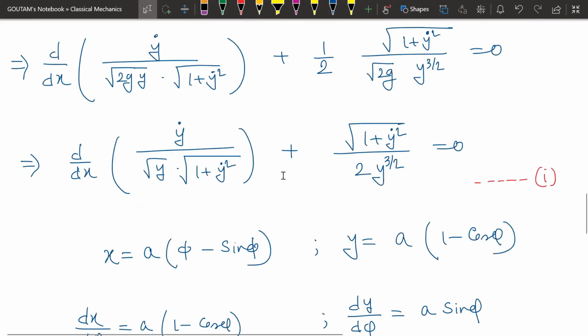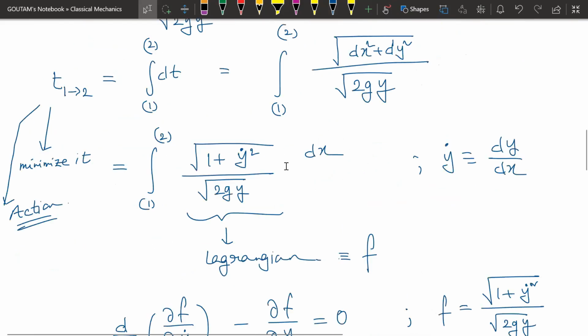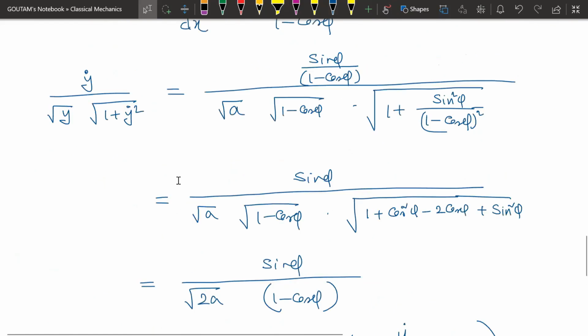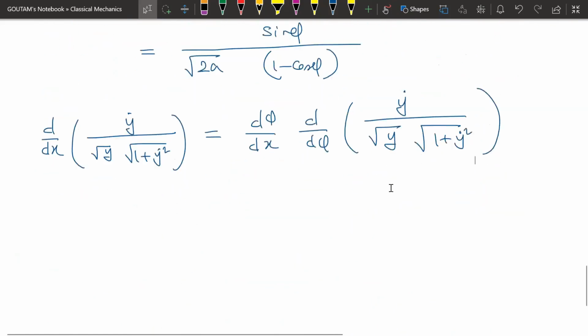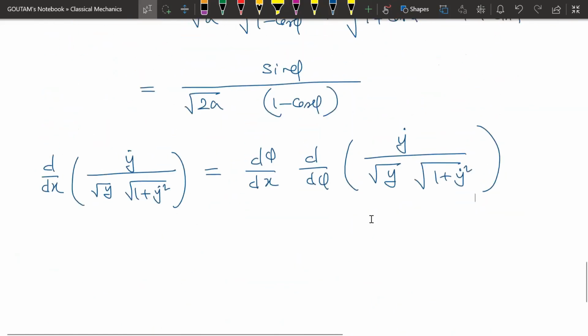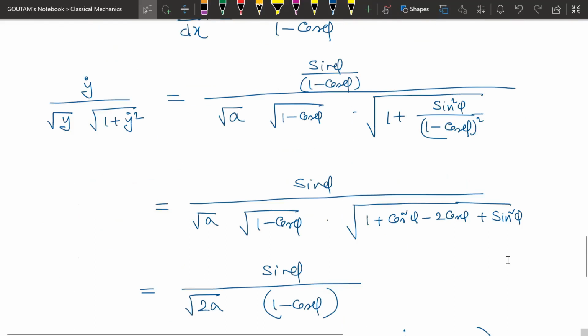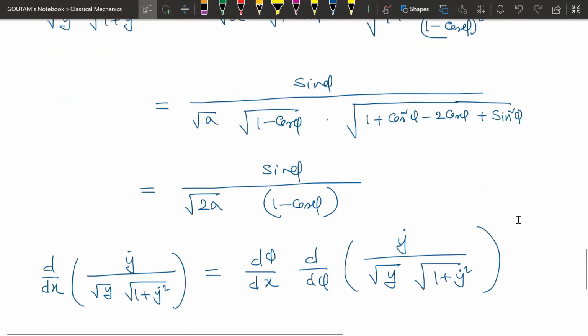We know the value of this dx/dφ already. We already showed that this term equals this term, so we just put in this term.